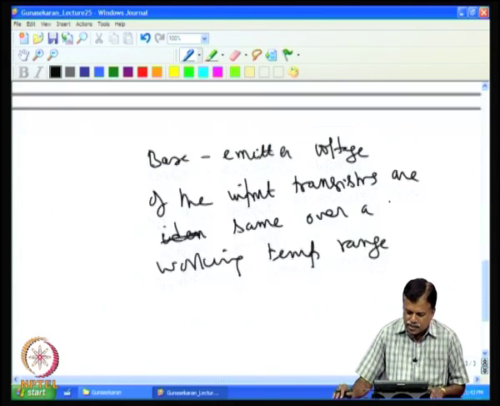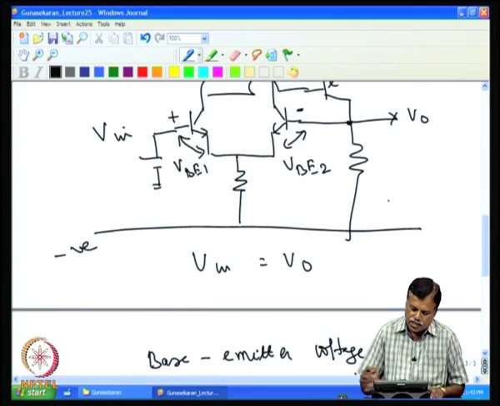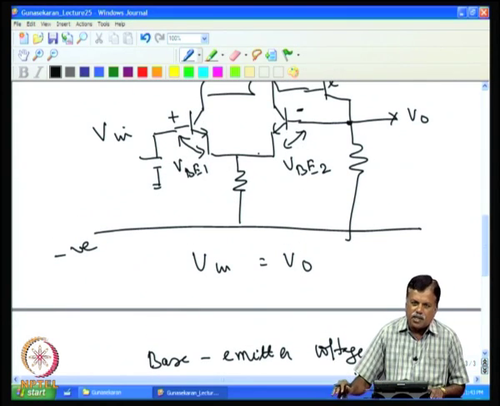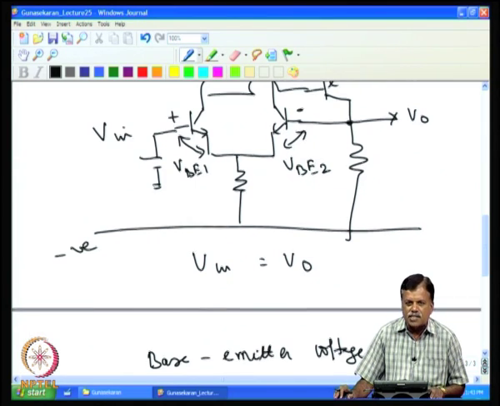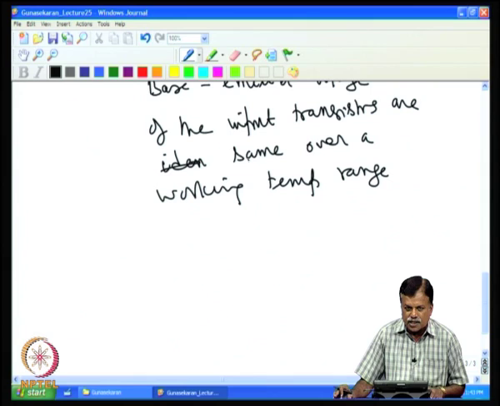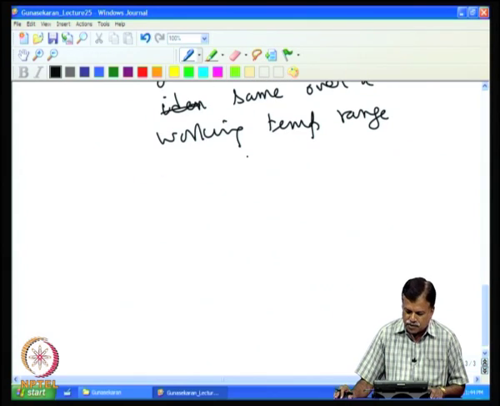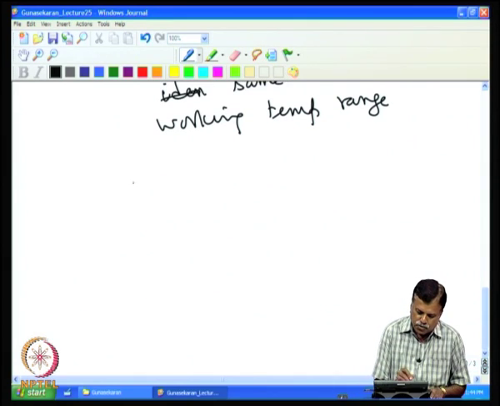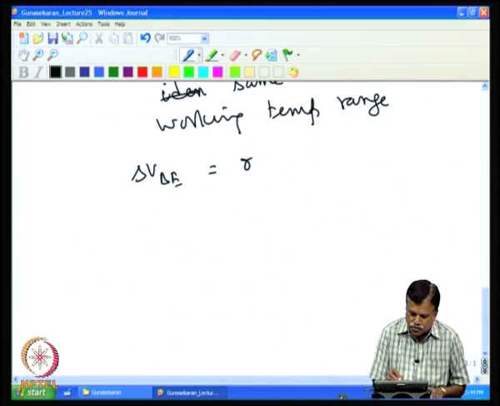But in reality the base emitter voltages may not be equal, and if they are not equal at a given temperature we call it the offset voltage. But then the difference is also not constant, it varies with temperature, which we refer to as the offset voltage drift. So, delta VBE is considered as the offset voltage. Offset voltage is not a serious issue, as it can be compensated out.